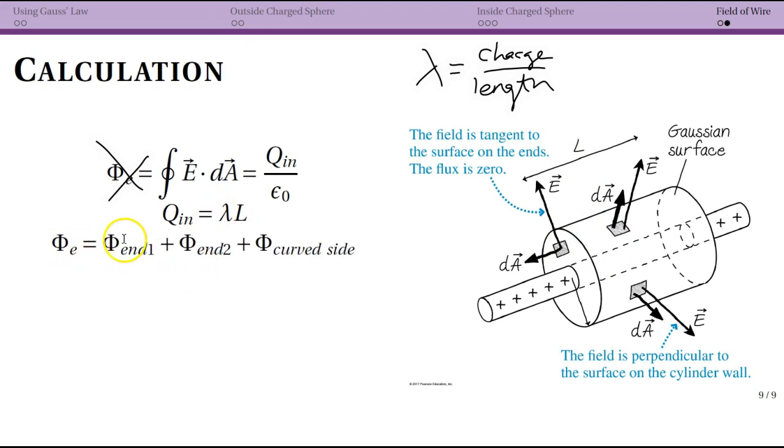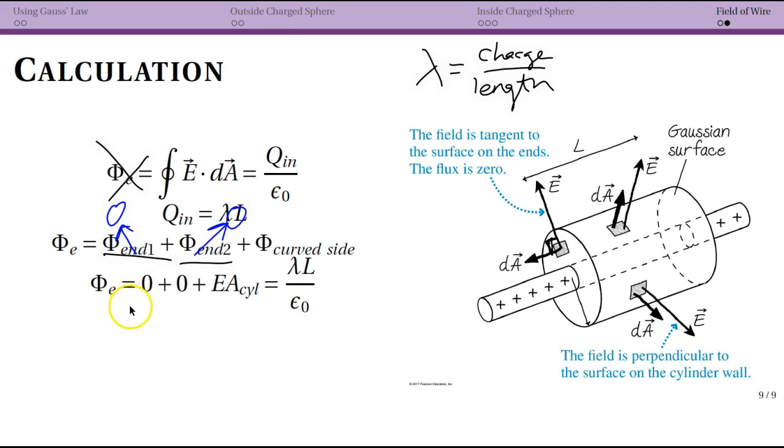Now what we think about is that our flux is going to be equal to these three pieces. So again, you have two ends and then you have that curved side. Because on your ends the electric field is actually parallel to the surface, we get to say that those are going to be zero. That's nice. And so then we really only have one flux to worry about.